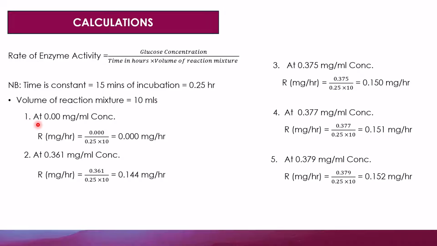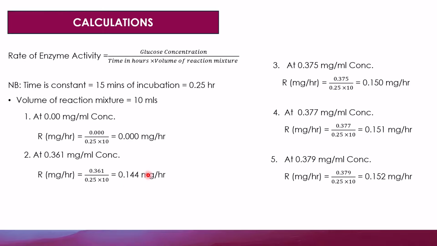So at 0.0 milligrams per mil concentration, we have our rate of enzyme activity as 0.00 milligrams per hour. At 0.361 glucose concentration, we have our rate of enzyme activity at 0.361 all divided by 0.25 times 10. So we have our rate of enzyme activity at 0.144 milligrams per hour.